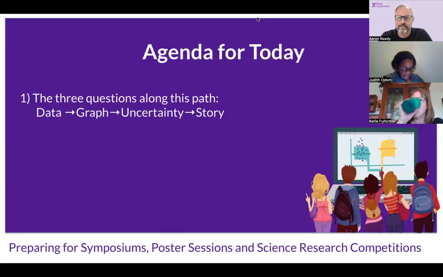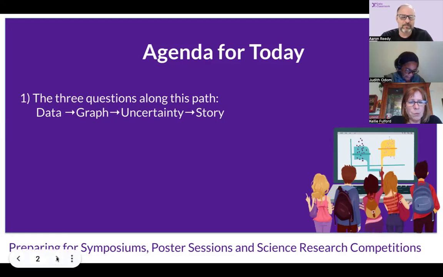So data to graph to uncertainty to your big picture story. And we're going to talk about three questions that every judge of a symposium or a poster session or a science research competition is going to want to know. And we're going to focus those questions and then give you smaller questions that students should be asking themselves.